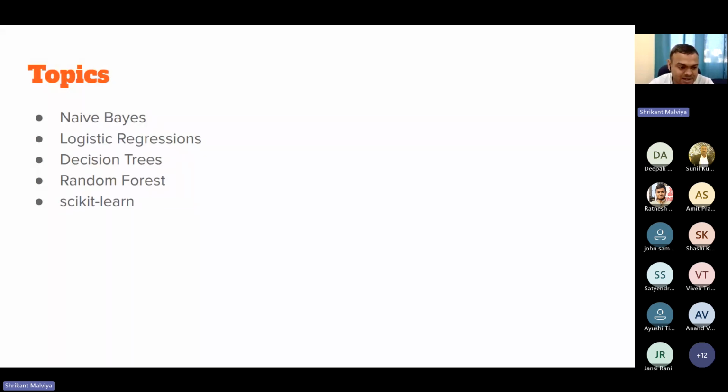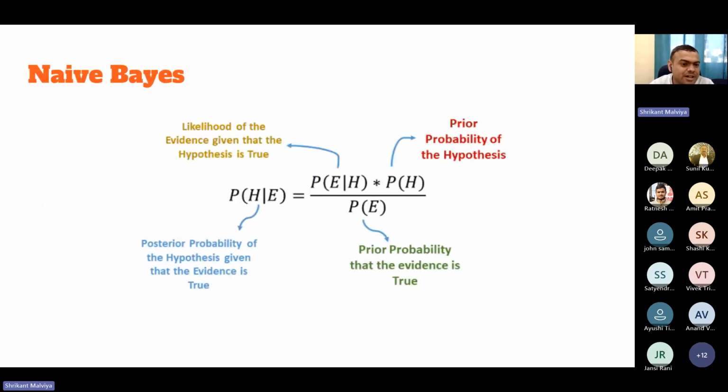Then the random forest method, which is just an extension of decision tree. And then we'll also see how the scikit-learn library, also known as sklearn, is useful in Python to implement all these functions in a very easy way, in very few lines. Okay, so let's move ahead.